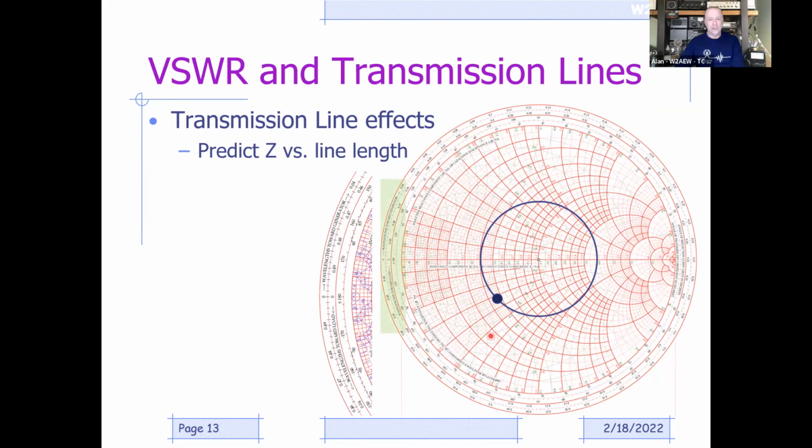Okay, so if we expand on this portion of the Smith chart, we can see that these outer axes, with the numbers out here, are calibrated in wavelengths towards the generator and wavelengths towards the load. Remember how I said half a wavelength around is a complete trip around.